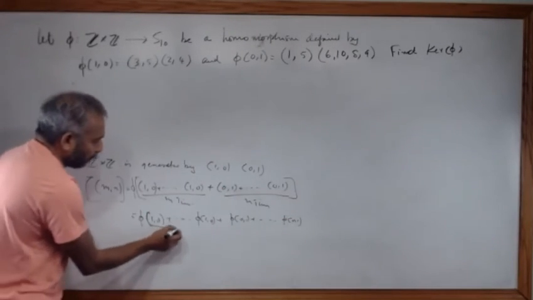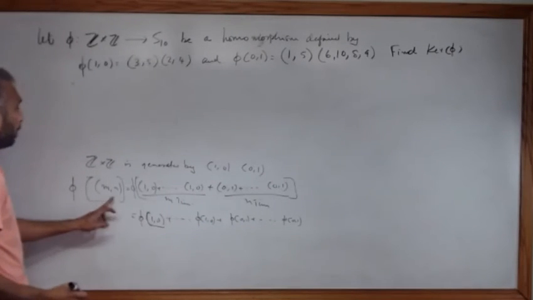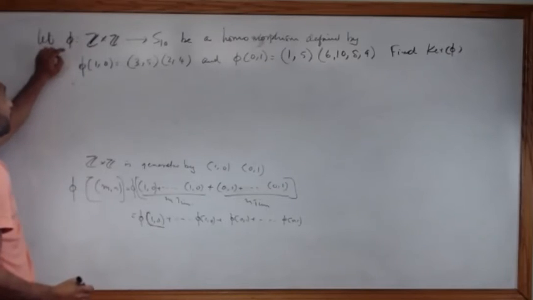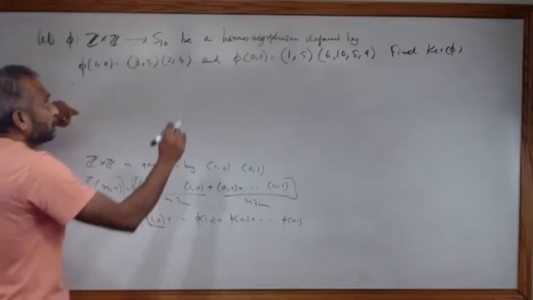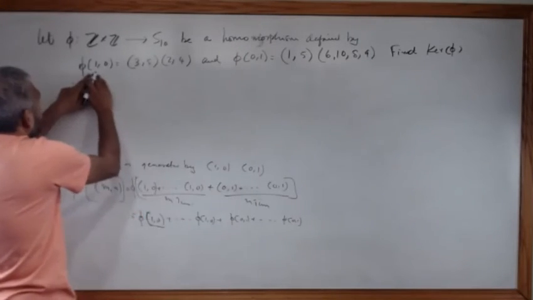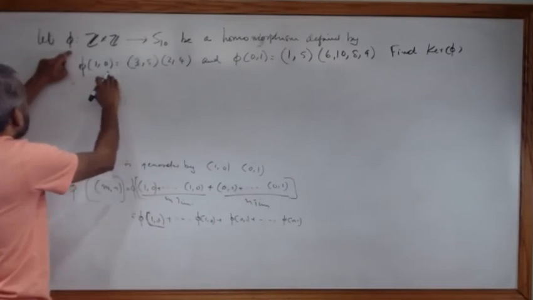You know the values of each and every element, so you can compute the value of (m, n). And that is why I've said this is a valid function. If this is not a homomorphism, these two mappings are not sufficient to define this map.